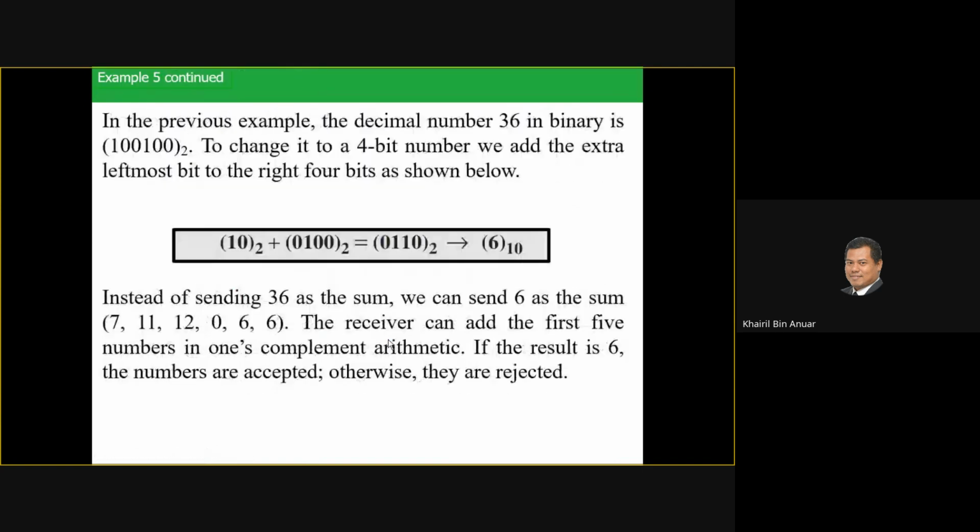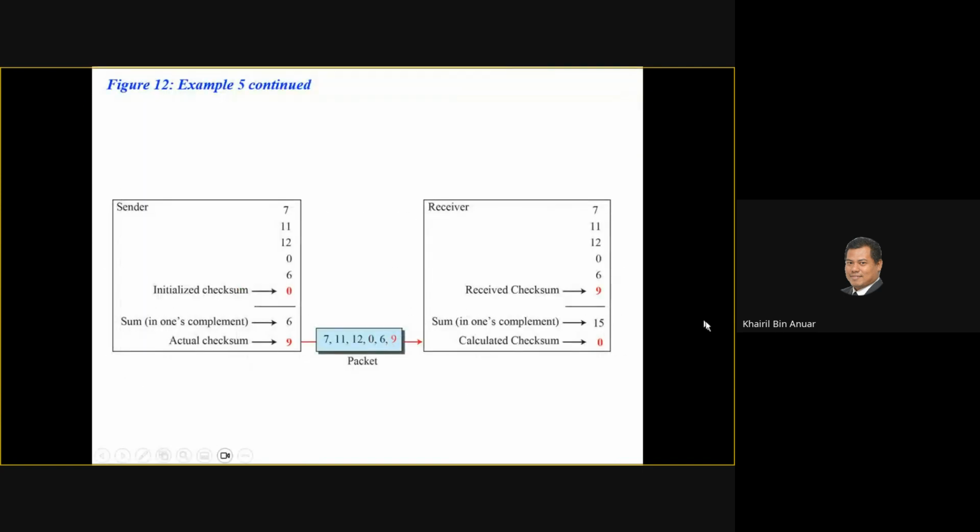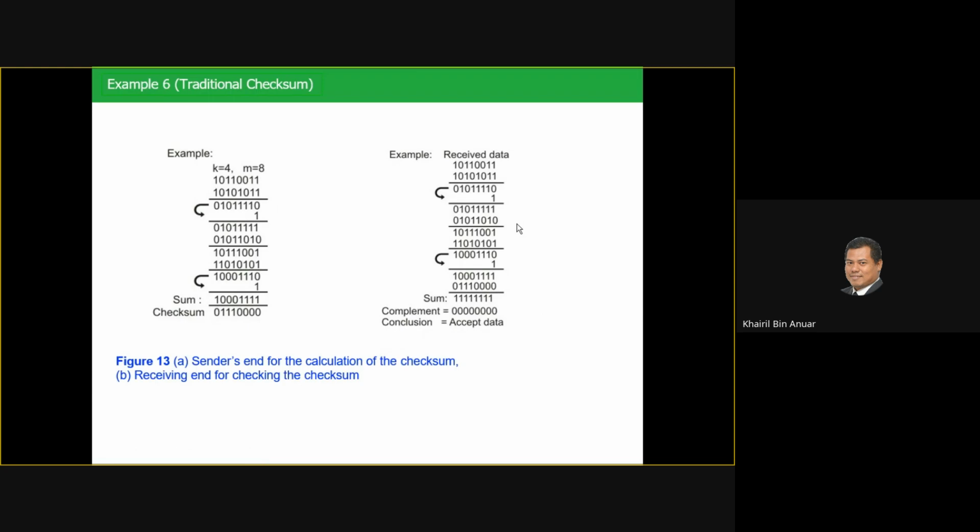If you receive this checksum and it is summed correctly, it will give us a total sum of zero checksum. This is the simplest way of doing error checking.